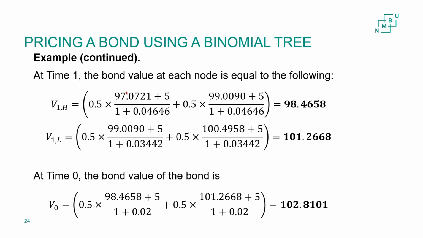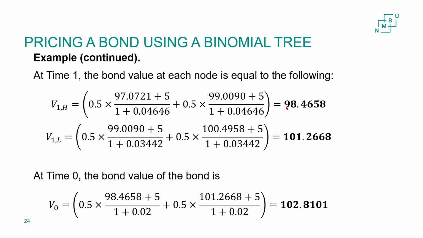This is the value of the 1-year bond, but at time 2 you also get the coupon. Remember that. You have the value of the bond and you have the coupon. And you take the discounted value of this to get the time 1 present value after 1 up move in the interest rate.